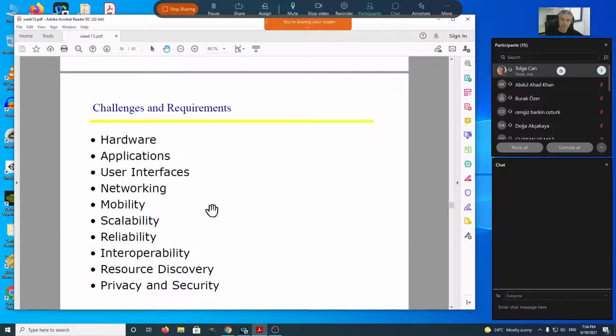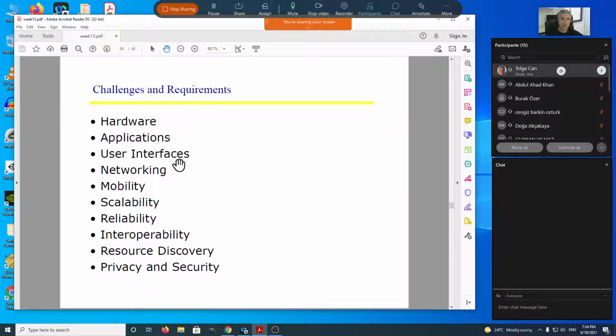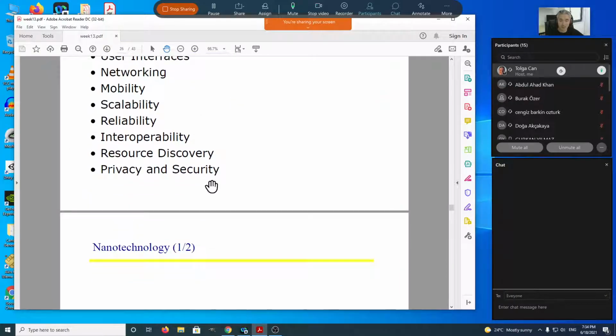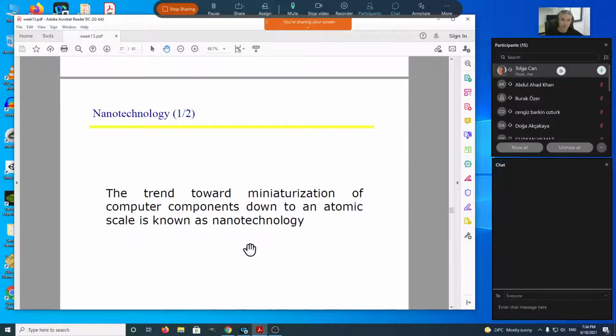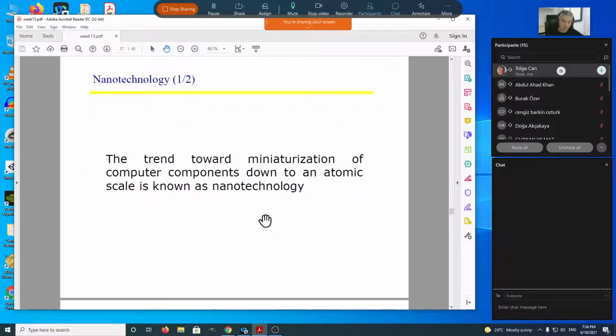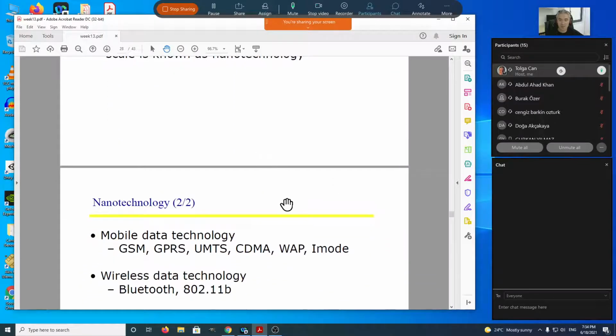And for user interfaces, speech recognition is getting better and better, so we can use speech to interact with these objects as well. And nanotechnology is definitely needed as these devices get smaller and smaller, and a lot of them are going to be embedded in our environment. If you want to make them smaller, you need to get into the domain of nanotechnology.